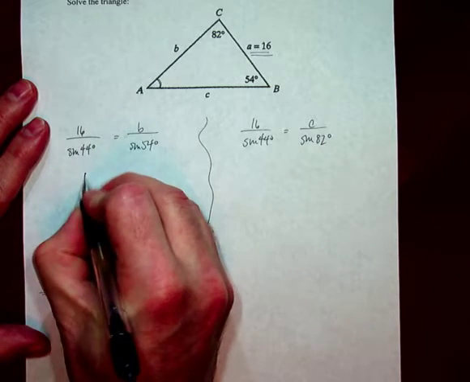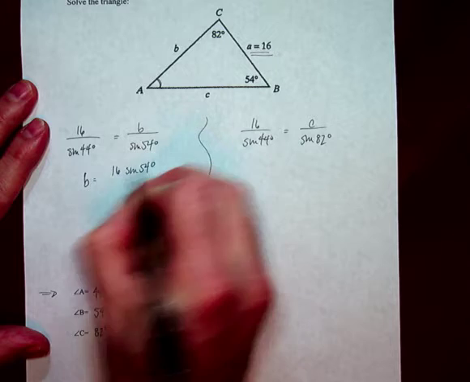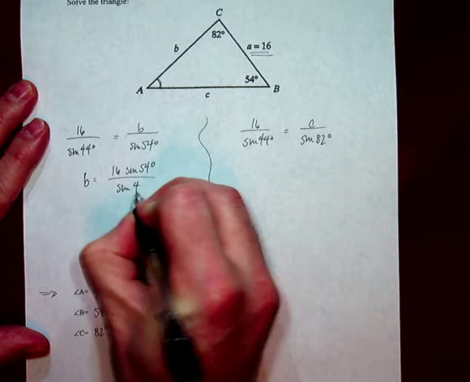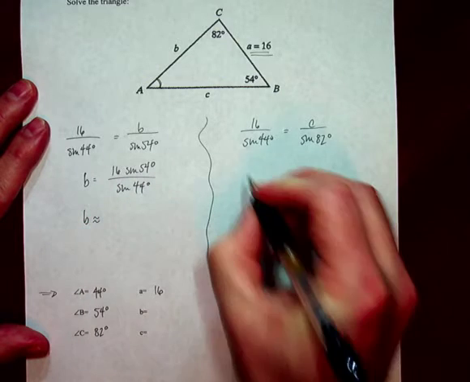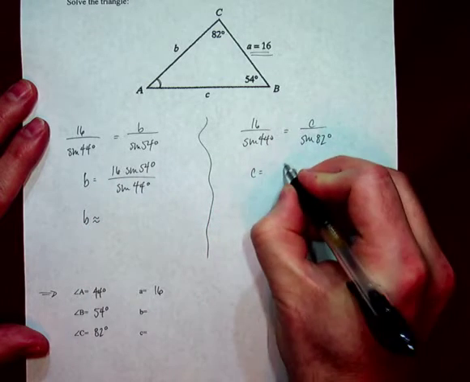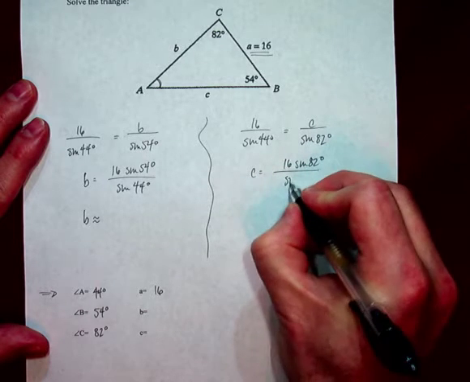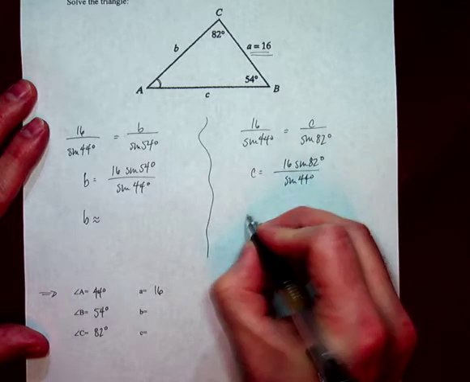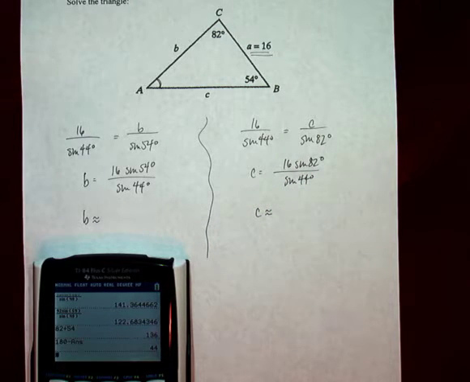And so basically what you get here is B equals 16 sine 54 degrees, all of that over sine of 44 degrees, and that you can plug into your calculator and get a decimal approximation. This one winds up being 16 sine 82 degrees over sine of 44 degrees. Again, another thing that you can plug into your calculator and get a decimal approximation.